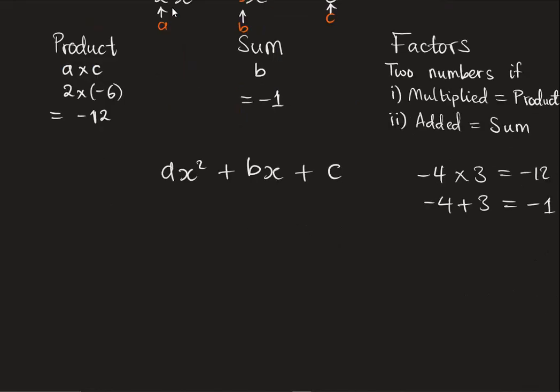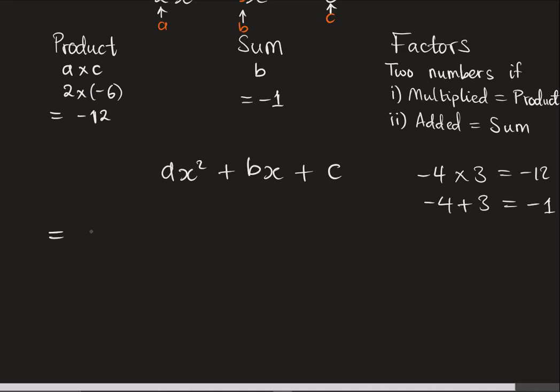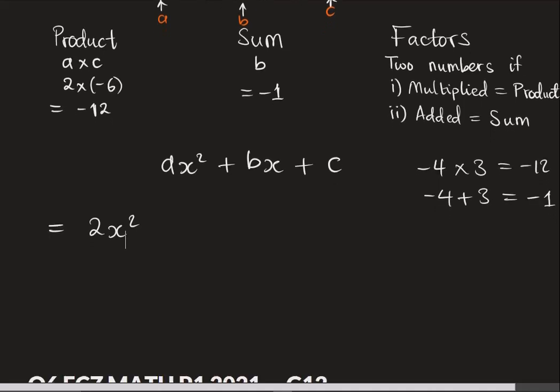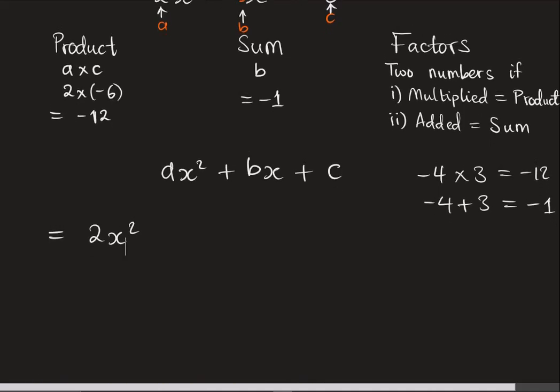Now, after we have done this successfully, we found our product, sum, and factors. The next thing is rewriting our earlier expression. This is now the solution. We have 2x squared minus x minus 6. Now, where we have our sum, we're going to do some manipulation.